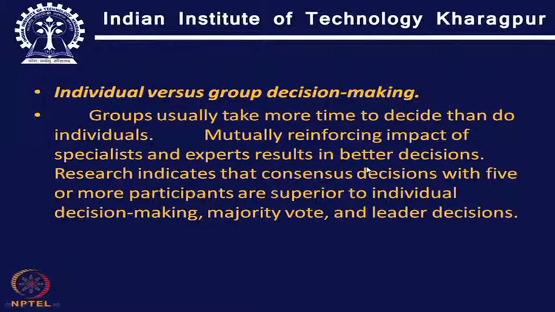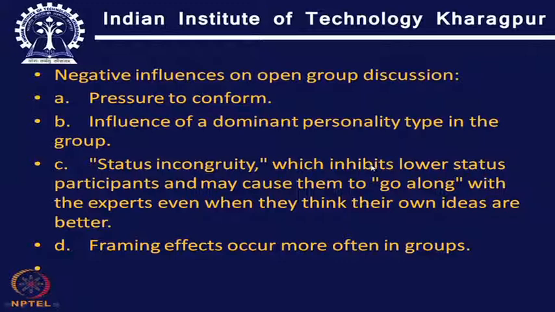Now, when diverse input is to be compared and we have to arrive at a particular solution, then group decision is superior to individual decision making. Now, in the decision making, we can see that there are pressures to conform, the influence of a dominant personality type in the group, status incongruity and framing effects.